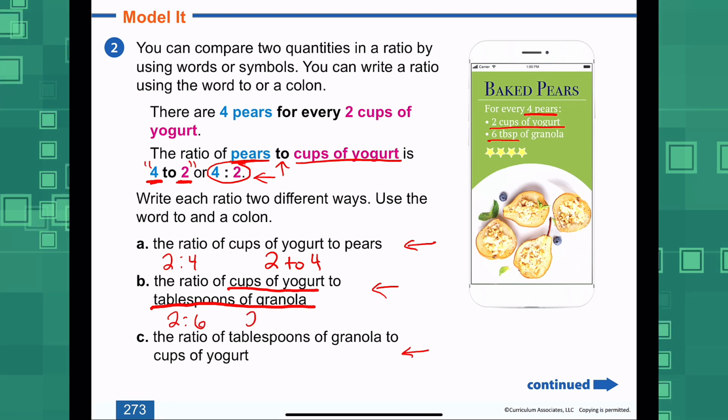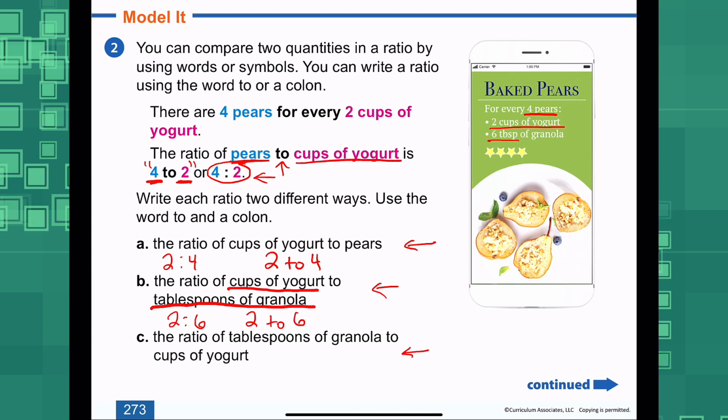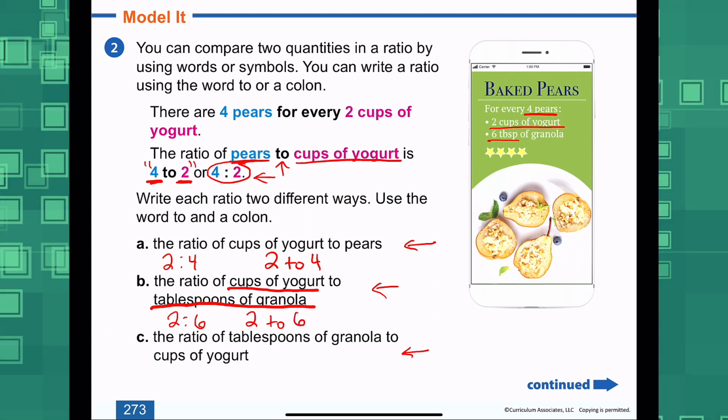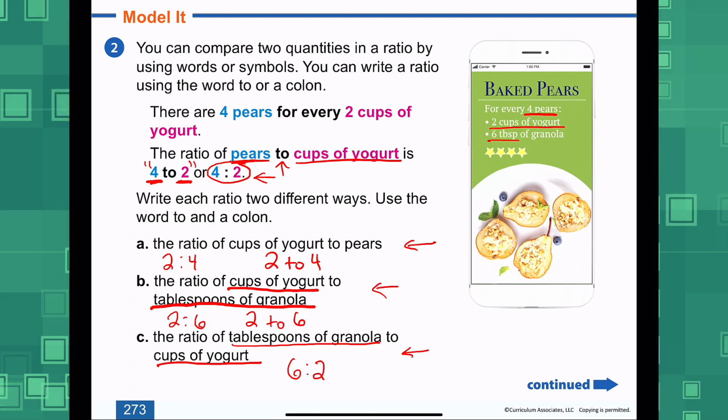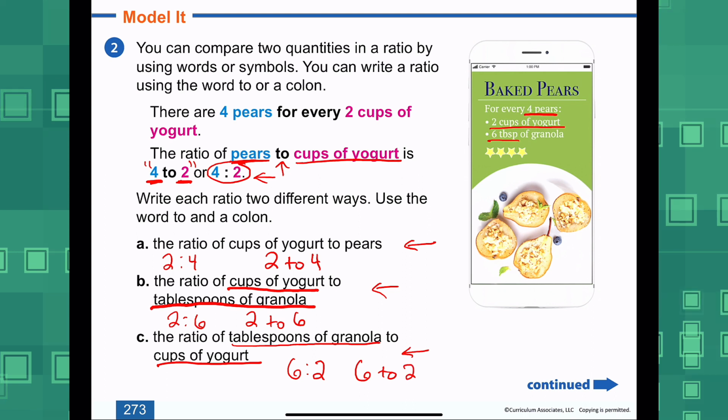Or the way that we say it is actually 2 to 6. Lastly, the ratio of tablespoons of granola to the cups of yogurt, well, we know tablespoons of granola is 6, and the yogurt is 2 cups. Or we can read that as 6 to 2.